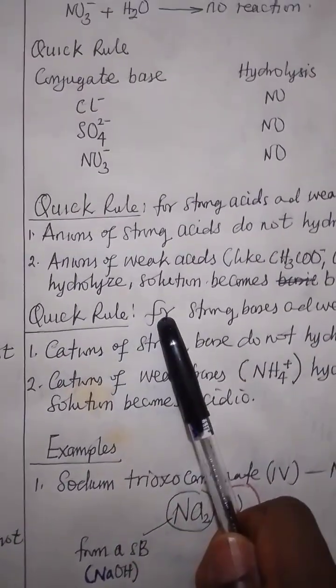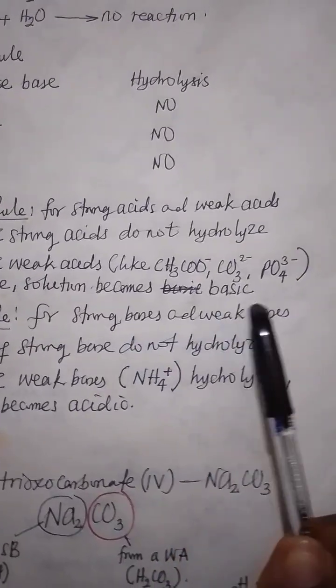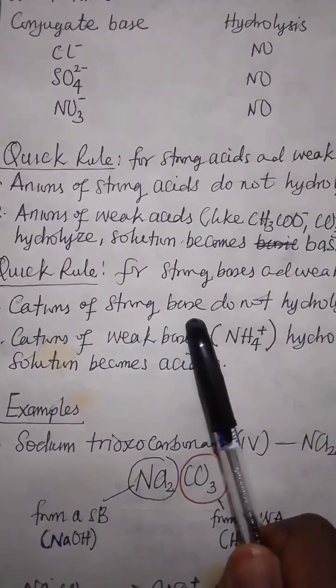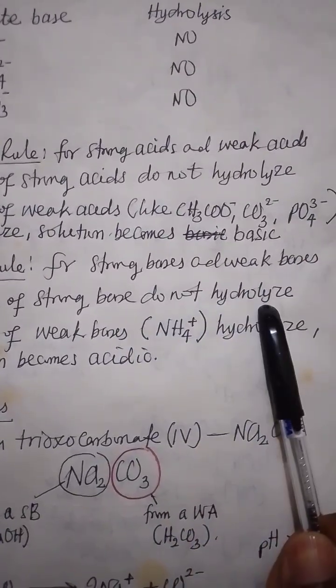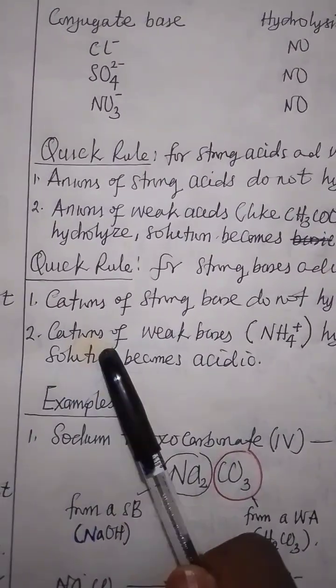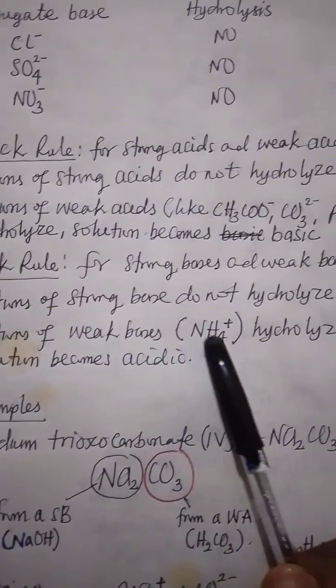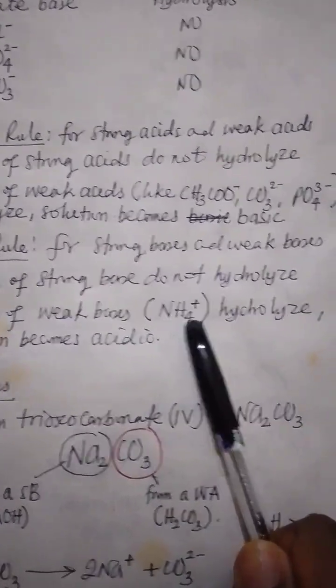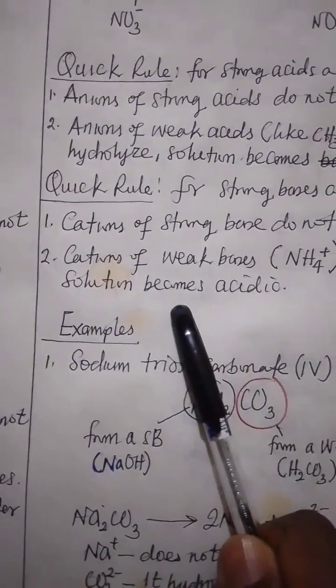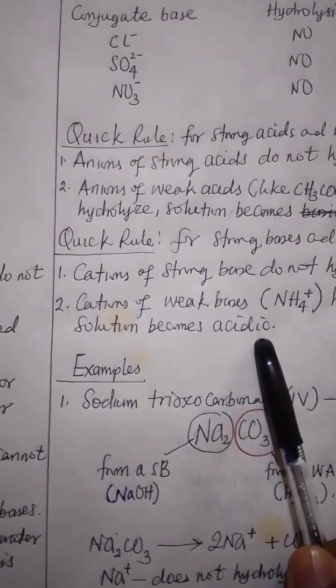Quick rule for strong bases and weak bases. Cations of strong bases do not hydrolyze. We've talked about that before. Cations of weak bases like ammonium ion hydrolyze, and then the solution becomes acidic.